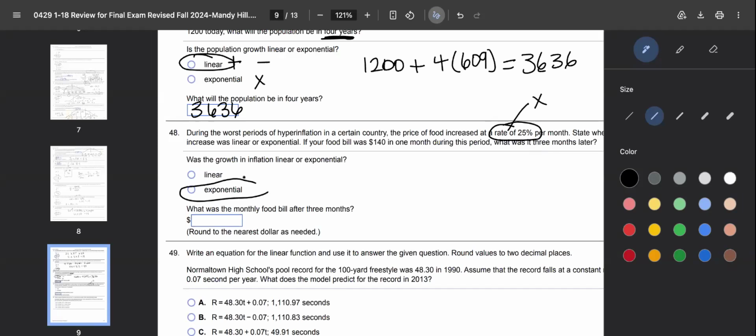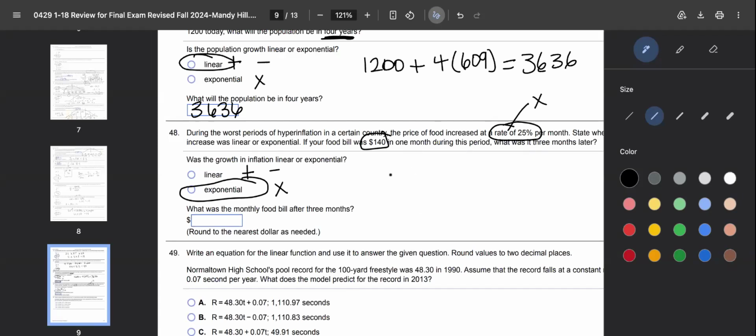So exponential. When you see rate, you think multiply. Say whether the increase was linear or exponential. It's exponential because we're multiplying, not adding or subtracting to get to the next step. If your food bill was $140 in 1 month during this period, what was it 3 months later?